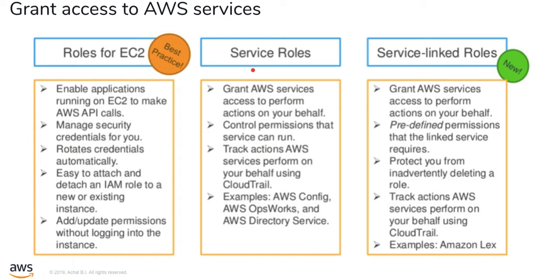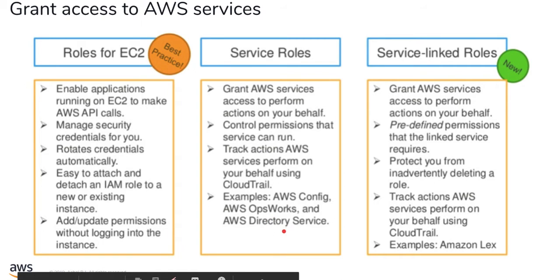There is also a service role which you could attach on your behalf. So this gives the control permission to run a certain set of applications, or basically to control a certain set of AWS resources or services. Some of the examples are AWS Config, OpsWorks, and Directory Service.